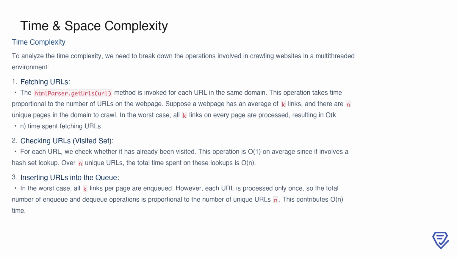This operation is O(1) on average, and over the n unique URLs, the total time spent is O(n). Finally, inserting URLs into the queue involves enqueuing links from each page. While all k links per page may initially be added, each URL is processed only once, meaning the number of enqueue and dequeue operations is proportional to O(n). These components give us a framework for understanding the time complexity of the crawling process.